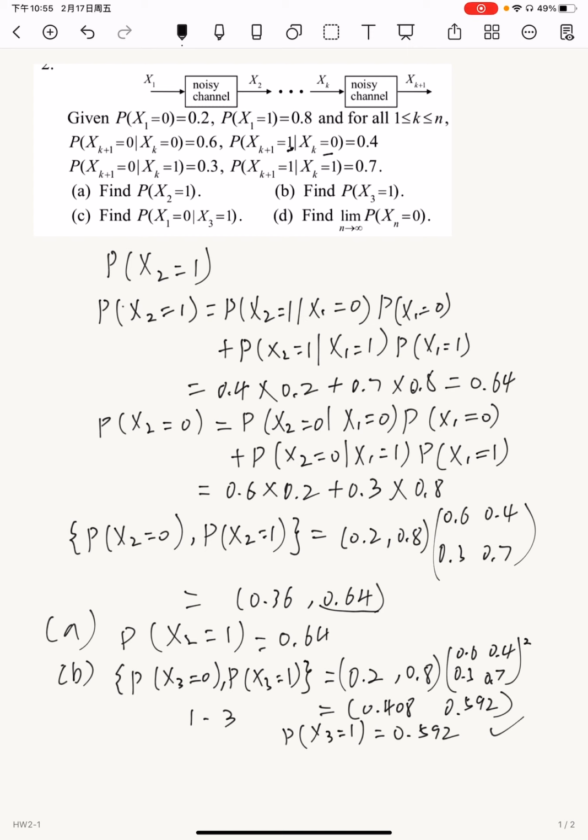And let's take a look at problem C. Find the probability of x1 equal to 0 when x3 equals to 1. Let's solve this problem. So now we have the probability of x3 equals 0 and the probability of x3 equals 1.